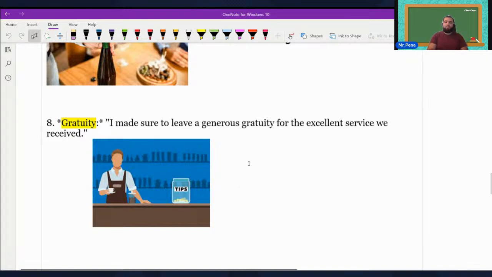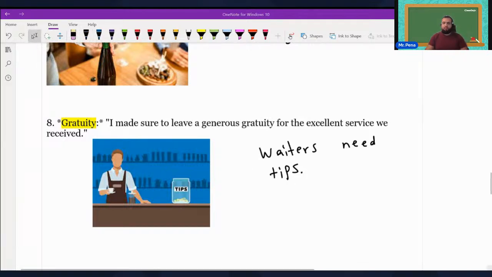It says, I made sure to leave a generous gratuity for the excellent service. So, waiters need tips. That's it. Waiters need tips.